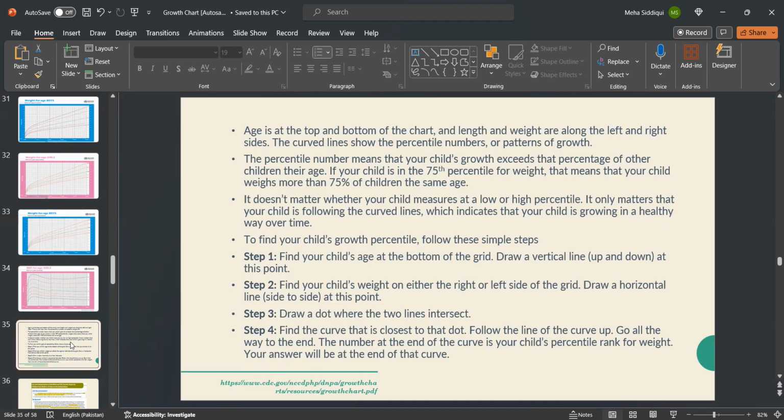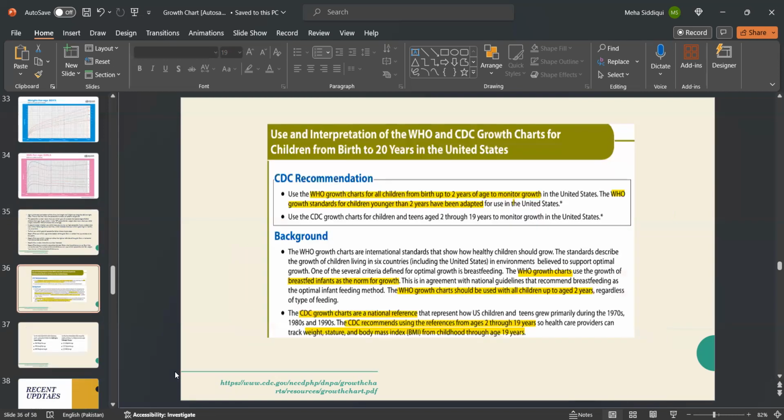Then we draw a vertical line from the age and a horizontal line from the height, length or weight. And then we draw a dot where the two lines intersect. Then we find the curve that is closest to that dot, and then we follow the line of the curve up. We go all the way to the end. The number at the end of the curve is the child's percentile rank for weight. And so the answer is at the end of that curve.